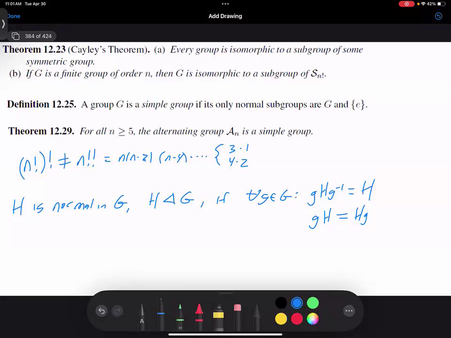Every group has two normal subgroups, itself and the identity. This is not a big deal, right? We call these the trivial subgroups. Are they always distinct?